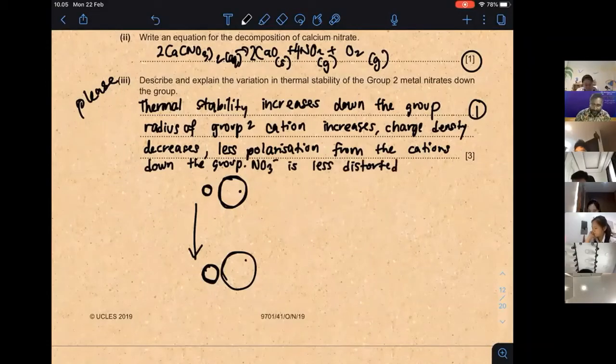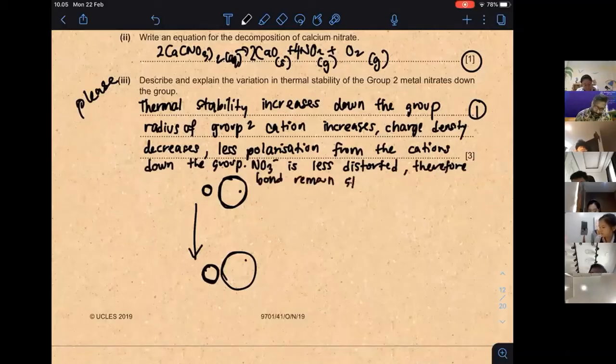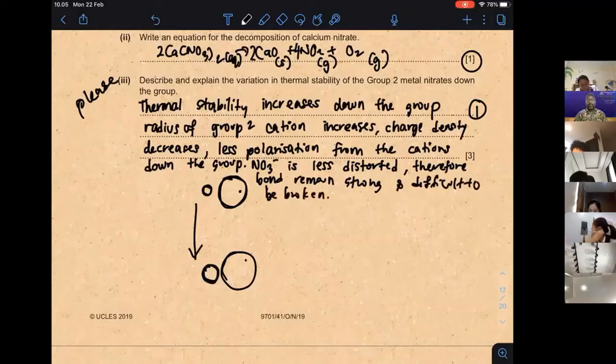Therefore the bond remains strong and difficult to be broken. So therefore, you require more temperature to break them. So this explains the thermal stability.